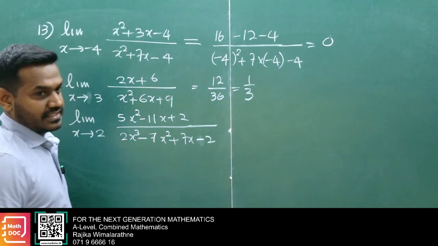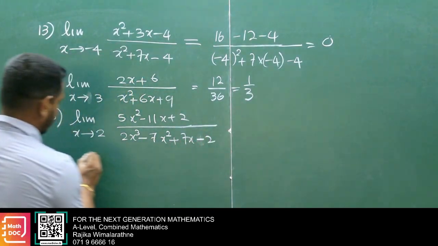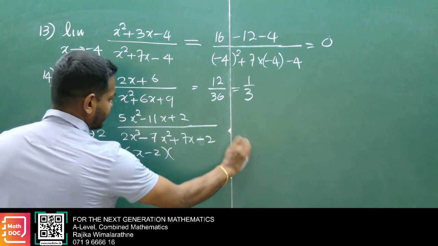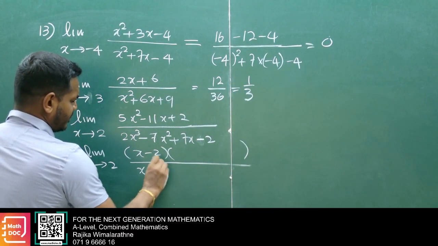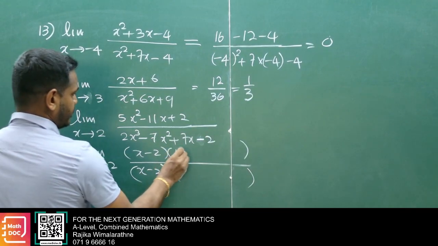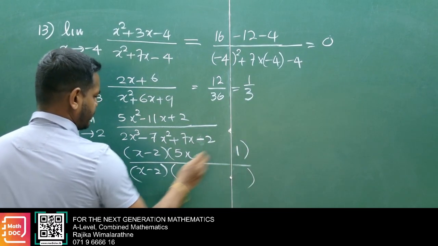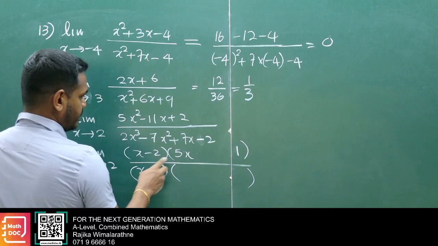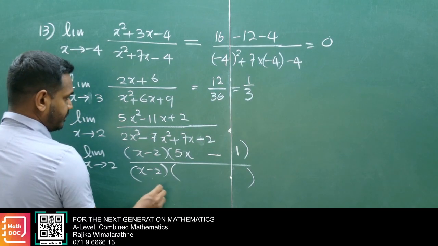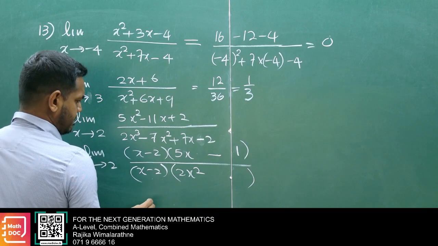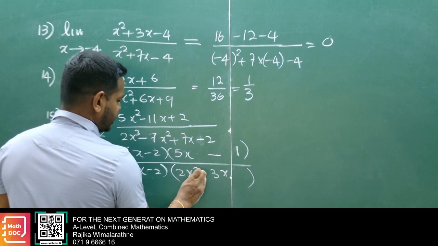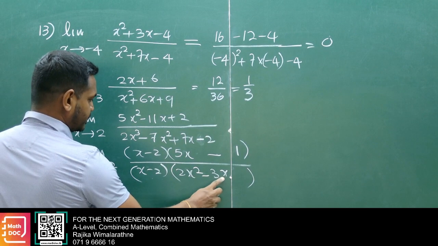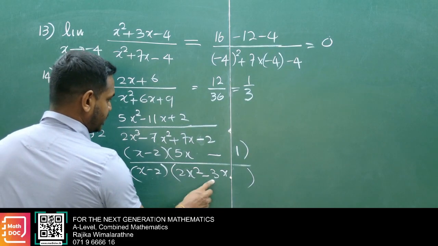Then in the last case we have factors. Then limit x goes to 2, 5x square minus 2x square, 4x square, 3x, 2x cube, 4x square, 3x squared, 7x squared plus 6x plus 1.